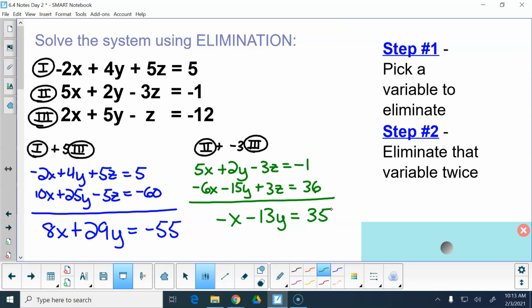Yes? And the result is negative x minus 13y equals 35.